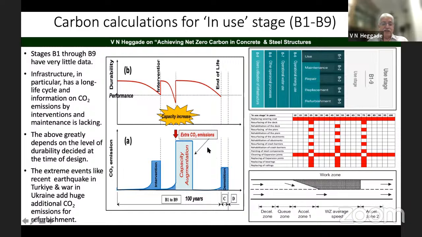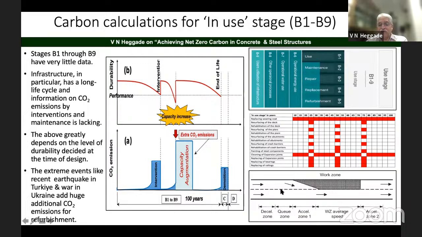In the case of infrastructure, even during the construction, even during the repairs and rehabilitation, traffic diversion may have to take place. When the traffic diversion takes place, only a small portion of the deck or the carriageway is allowed for the traffic to be moving. There will be a deceleration zone, queuing zone, as well as the acceleration zone, and this is called the work zone.